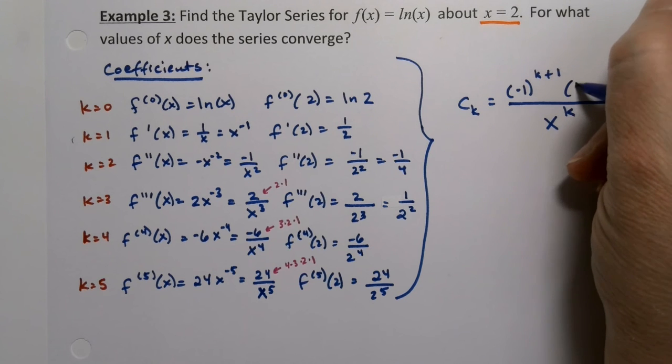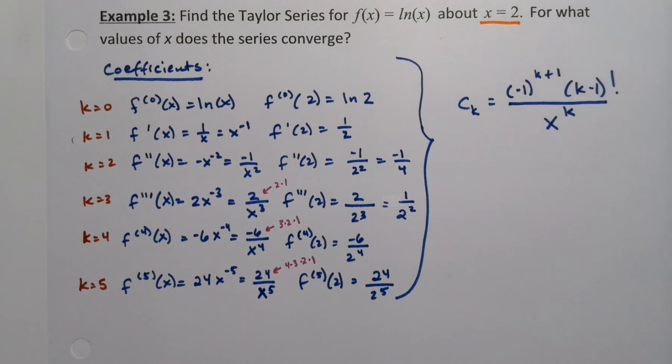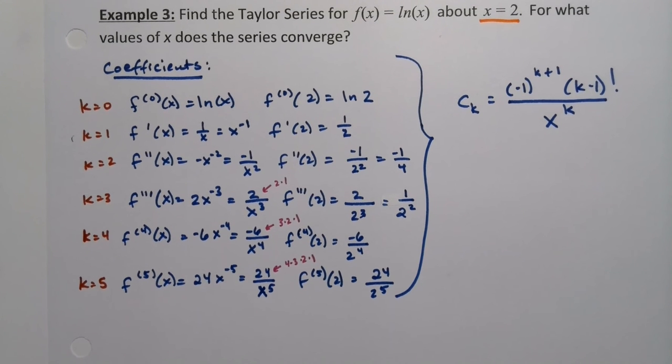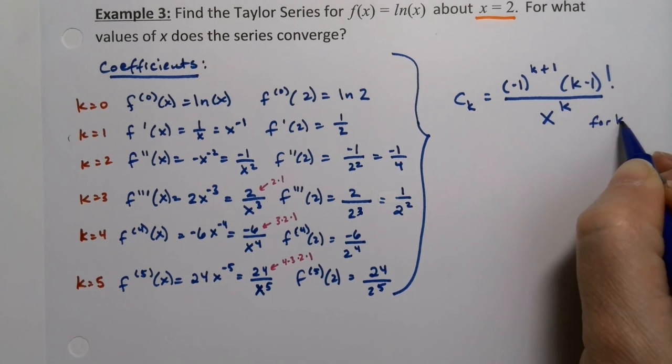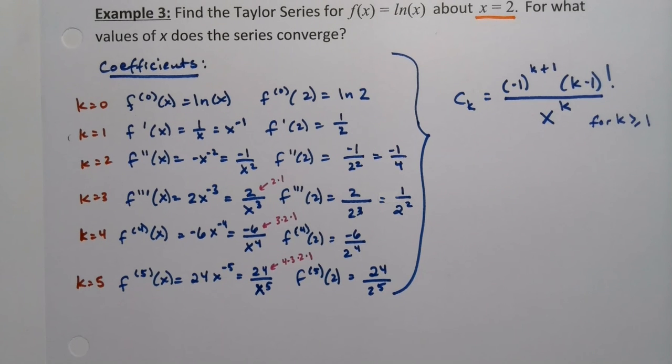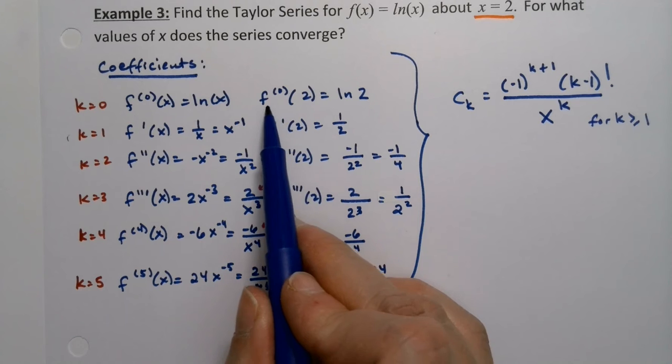So we'll say k minus 1 factorial. But that'll only work for k greater than or equal to 1, right? It won't work for k equals 0. k equals 0 has this unique value right here.